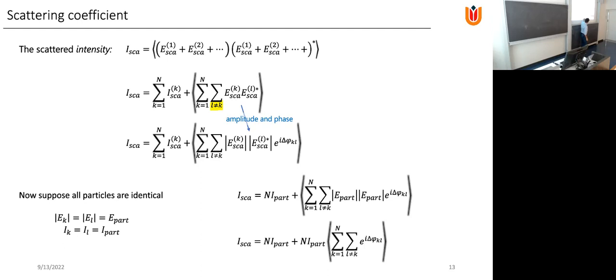So our result now is the total scattered intensity is n times the intensity of one particle plus n times the intensity of one particle multiplied with this summation of all the phase differences between all the individual particles.